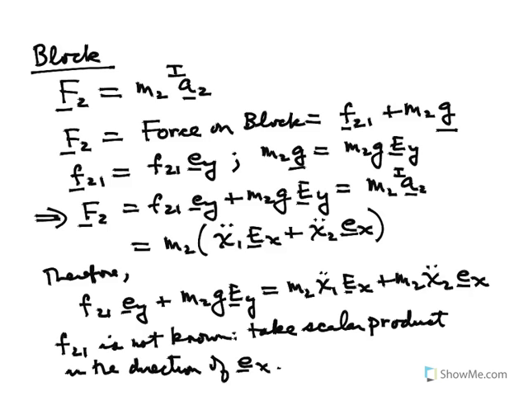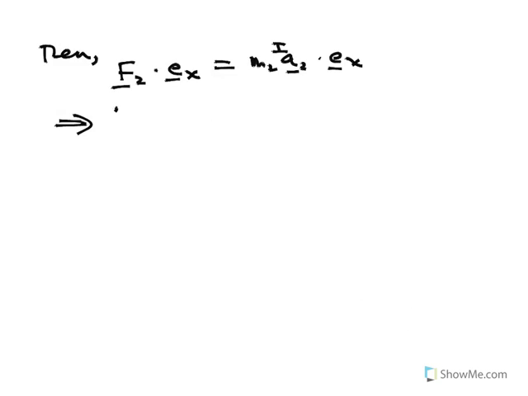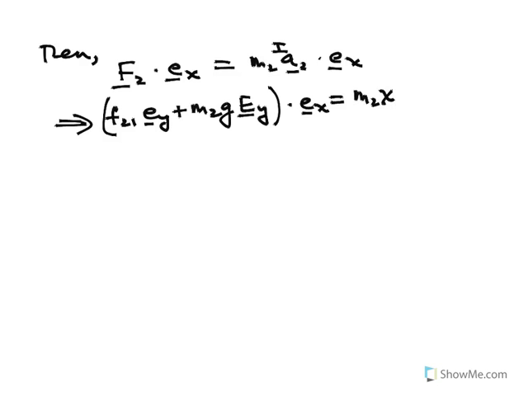So then what we would say is F2 dotted with little ex is equal to M2 A2 dotted with little ex, which gives, well, if I take the scalar product in the direction of little ex, I get F21 little ey and then plus M2G times big EY dotted with little ex is equal to M2 x1 double dot big EX plus M2 x2 double dot little ex dotted with little ex.